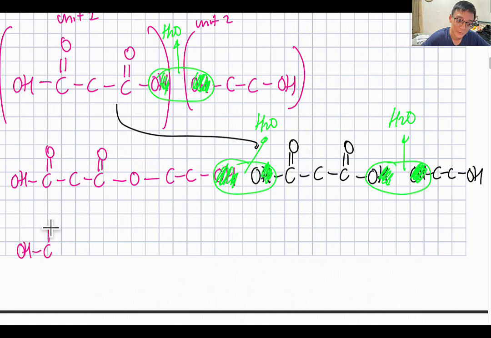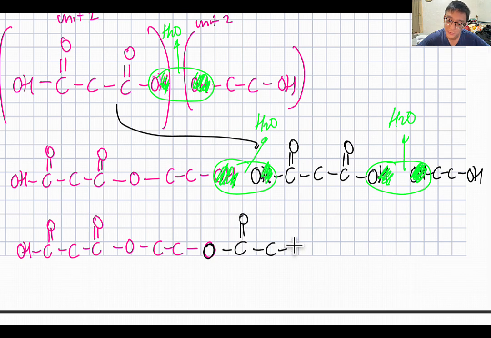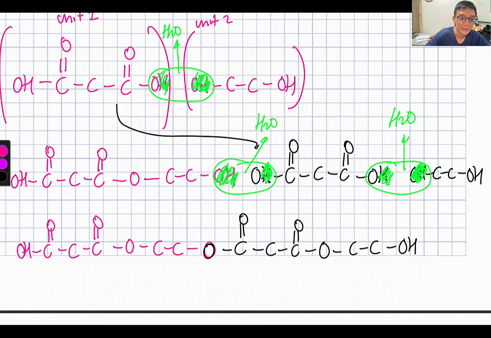So this, oxygen, carbon, oxygen. So already the second part, oxygen, double bond, then oxygen, then this part. You see here that this is the first repeat unit and this is the second repeat unit.